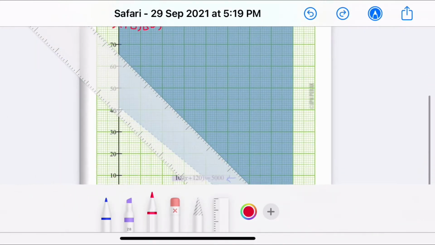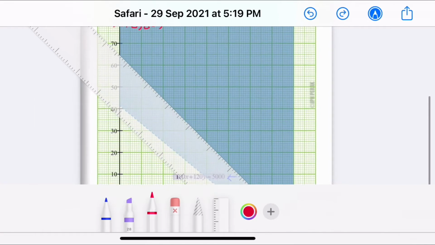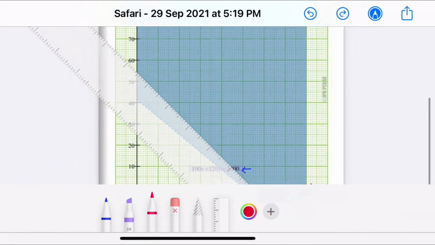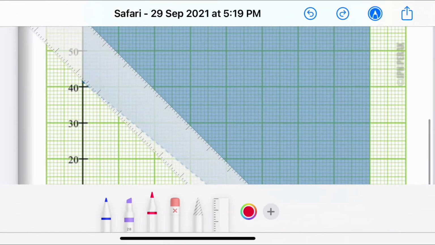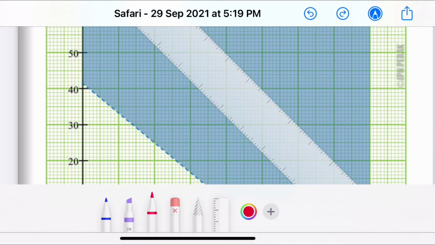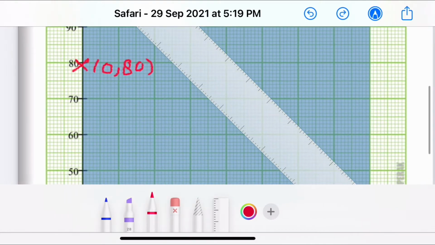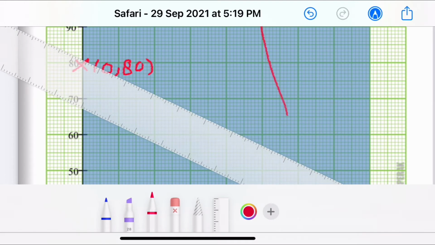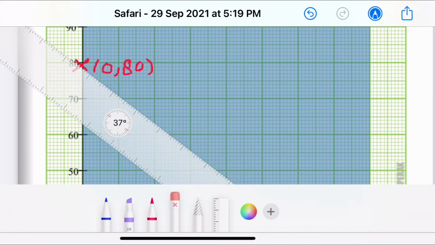So we have 80 and 80, and I will adjust the ruler so that the line passes through 80 on the x-axis and also 80 on the y-axis, meaning the gradient is negative 1. Make sure it goes like that.